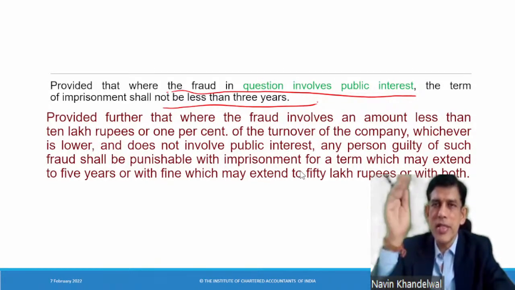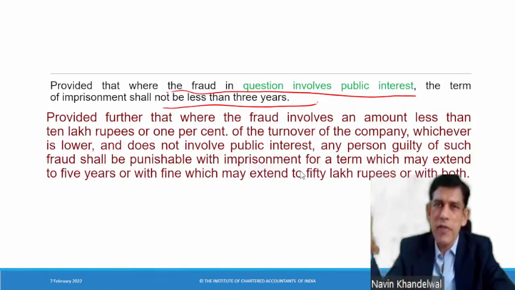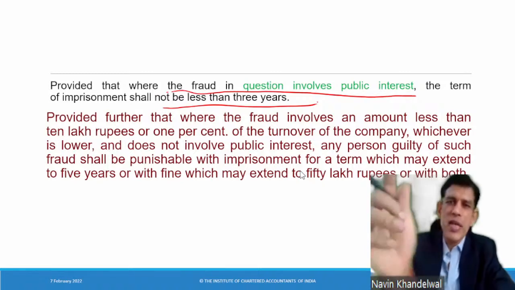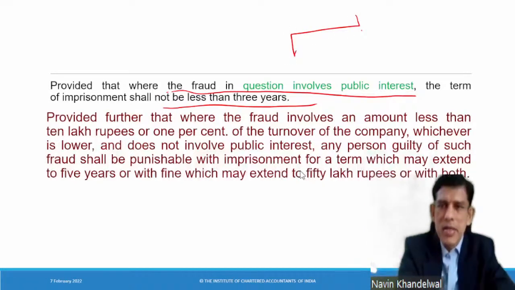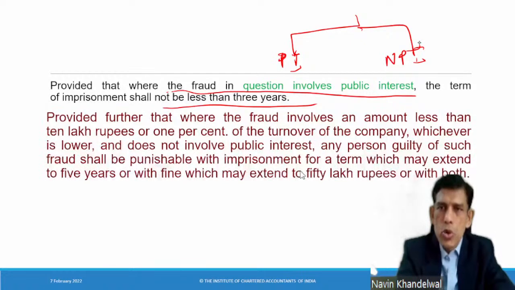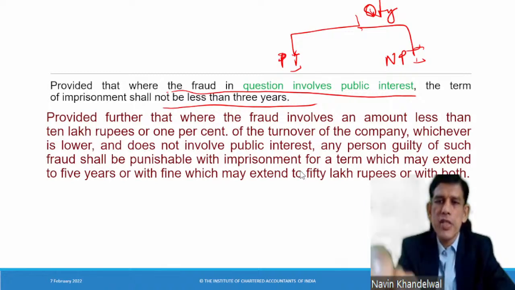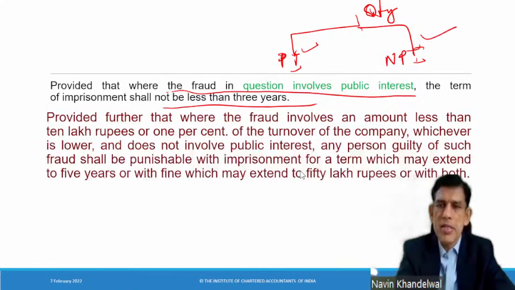So one situation, 10 lakhs plus or 1% of the turnover, whichever is lower. That could be classified under 2 heads. Public interest, no public interest. So quantification, and after quantification, public interest, no public interest.